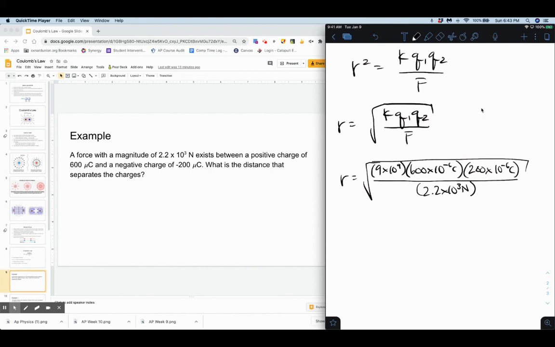Then I divide by 2.2 times 10 to the third, and I get 0.49. Then I take the square root of my answer, and I get 0.7 for my distance. Remember, this is in meters, so 0.7 meters is about 70 centimeters. So that's the distance between those two charges.